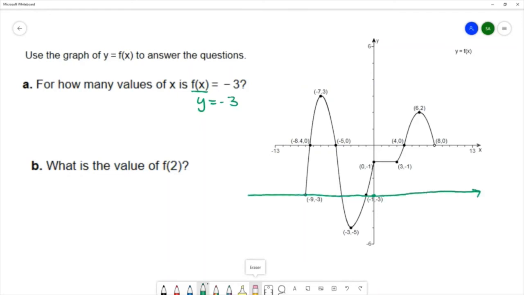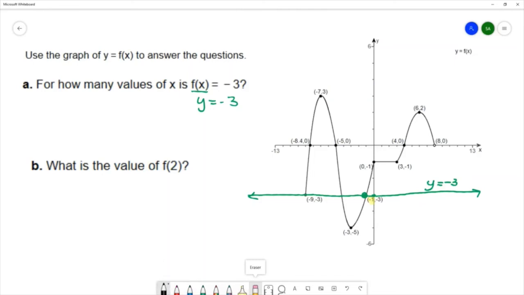And I want to think about how many times that horizontal line is crossing the graph. So this is the line y equals -3, and I can see right here I have a point on the graph, so there's one x value of -1.